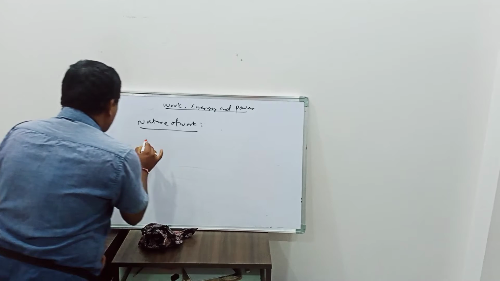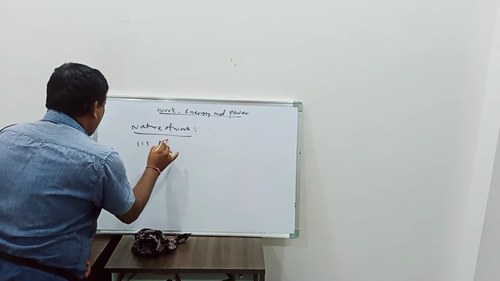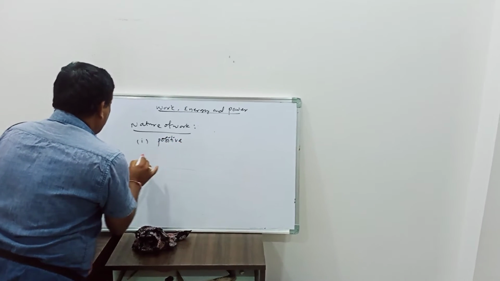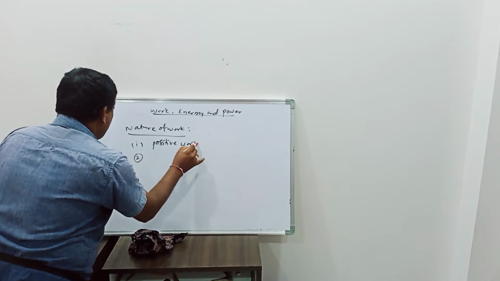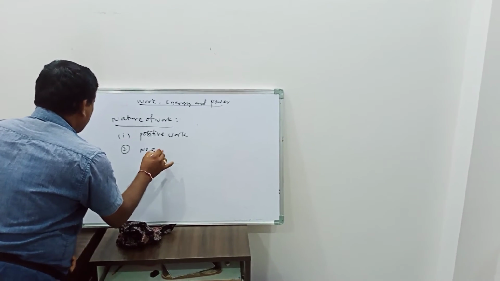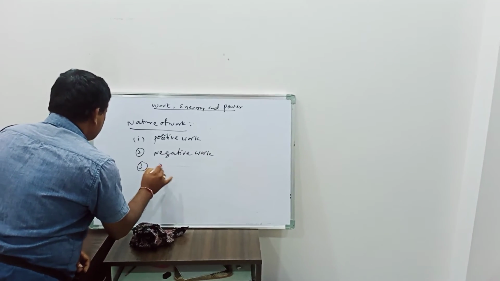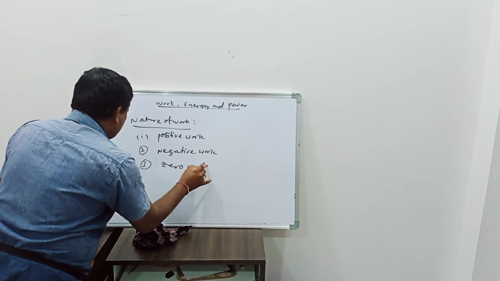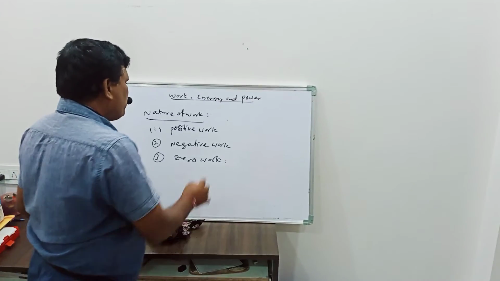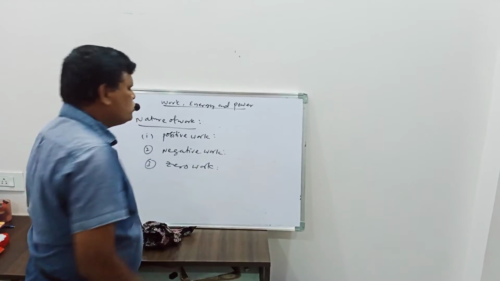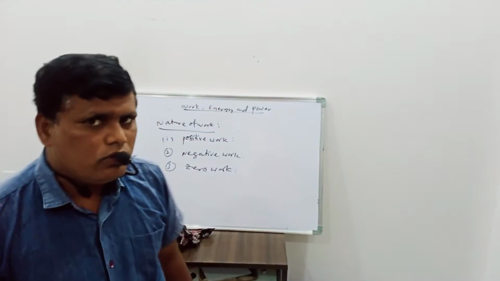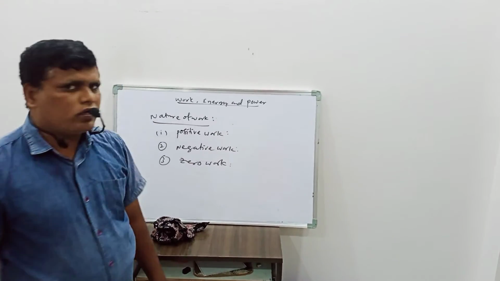One is positive work, another one is negative work, and the third one is zero work. So how can we understand positive work, negative work, and zero work?